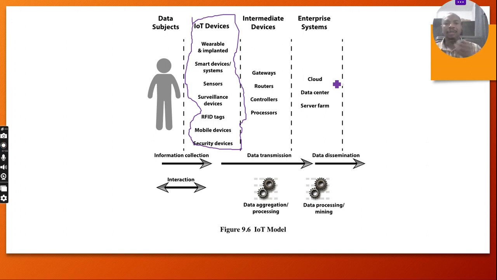Then the intermediate devices, where we measure the different gateways through which this information can pass. We talk about routers, gateways, controllers, and processors. Then the last one is the enterprise system. The enterprise system includes your cloud, your data centers, and your server farms. These are the data dissemination region. The intermediate devices, where we talked about gateways, routers, controllers, processors, are called the data transmission regions of the Internet of Things. Is that okay? So what we have just holistically described is called the Internet of Things model.